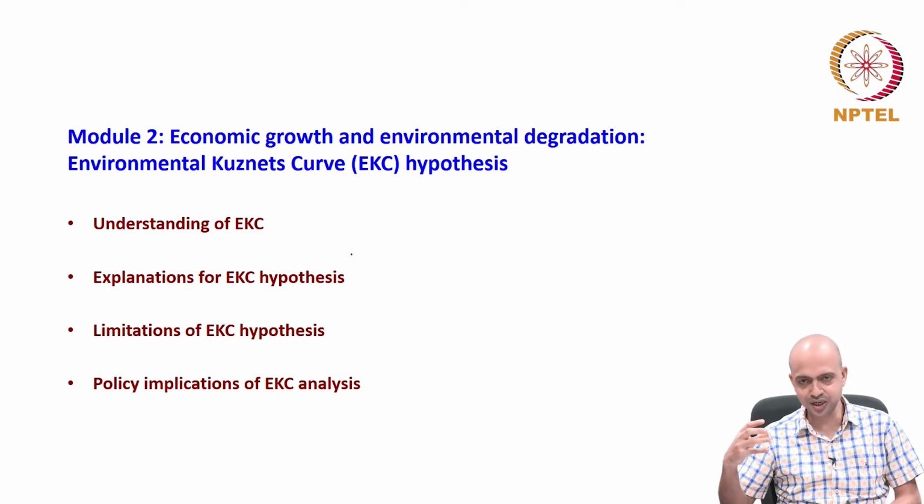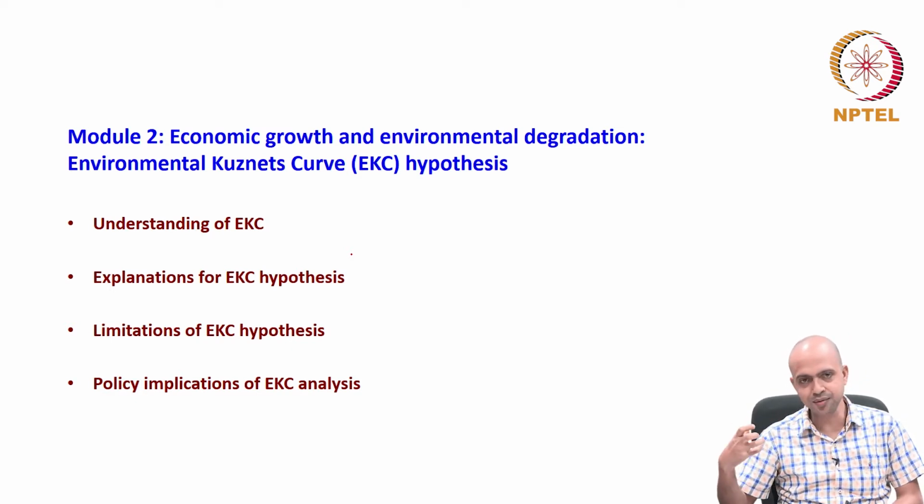Because ultimately our objective is to derive policy implications, because economic growth is one of the most important objectives that almost all economies want to achieve. All the economies want to grow, but growth has certain inevitable consequences on environmental quality.